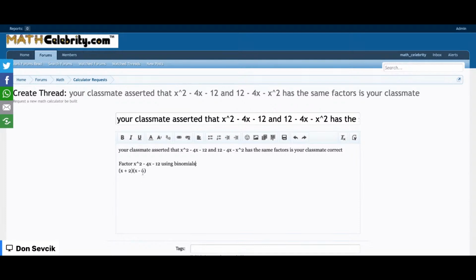If you multiply this through with FOIL, you get this. Now we want to do the same thing with this. Factor. Heat in the background. I'm glad it didn't come on until the last problem here. I'm going off screen here real quick.